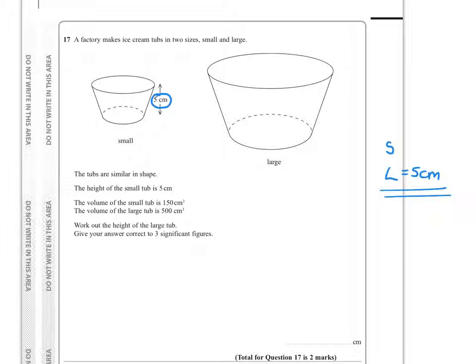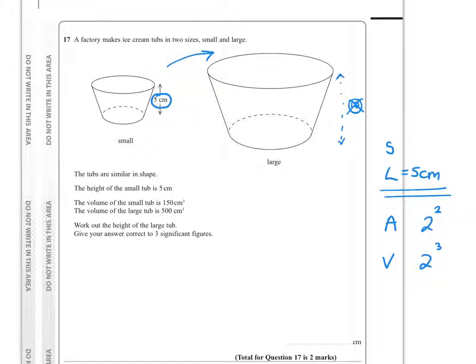So if we want to work out the scale factor of enlargement here, if we knew something about the length here, say that was 10, then we'd know the scale factor of enlargement for length was 2. So the area scale factor would be 2 squared, because it's 2 in both directions, and the volume would be 2 cubed. But in this situation, we don't have a length scale factor for this one.